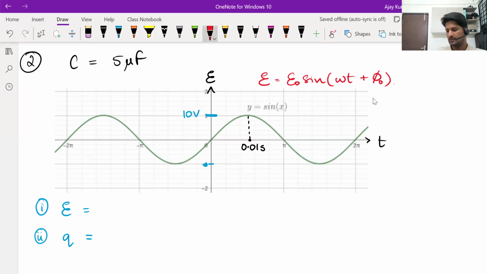So by looking at the graph, you have to pick these values. How much is E naught? How much is omega? And is there any phase, or is it matching with the sine function? You have to see whether the sine function has been pushed ahead, pushed back, or is exactly like y equal to sine x. By looking at that, you can tell the phase difference, phi naught, the initial phase. So think carefully and solve.